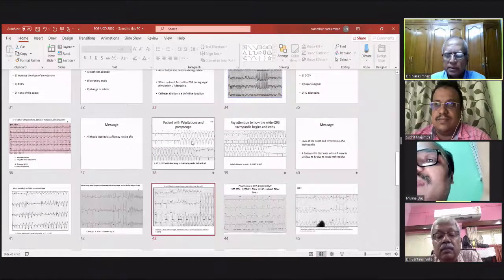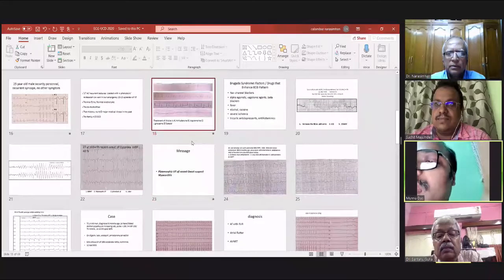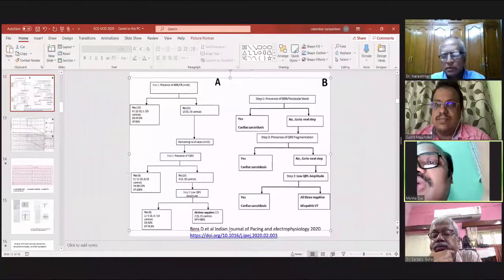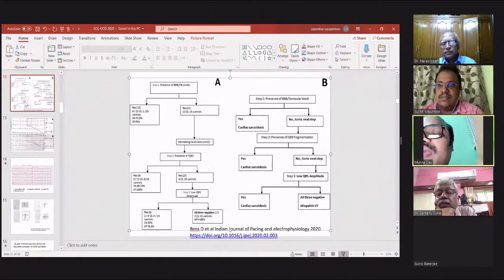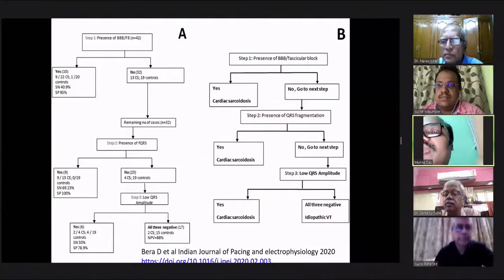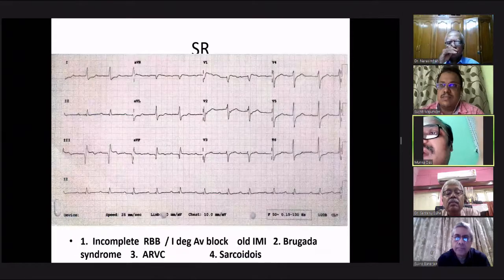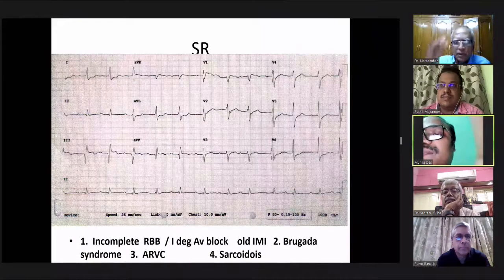How common is sarcoidosis overall vis-a-vis RV infarct and inferior wall MI, because that patient also had Q waves in the inferior leads, only that lead 2 didn't have a Q wave but had a decreased R wave amplitude. That is also a Q wave equivalent. A fractionated QRS or a decreased R wave amplitude is also a Q wave equivalent, because we need to rule out coronary artery disease prior to clinching our diagnosis in favor of sarcoidosis. Do you agree, sir?